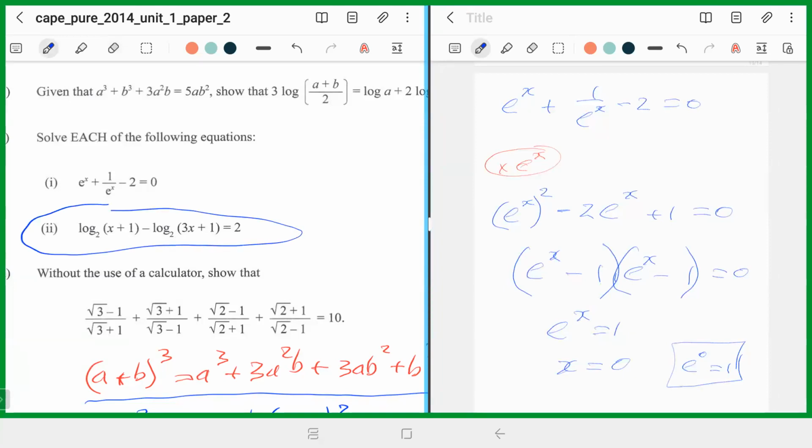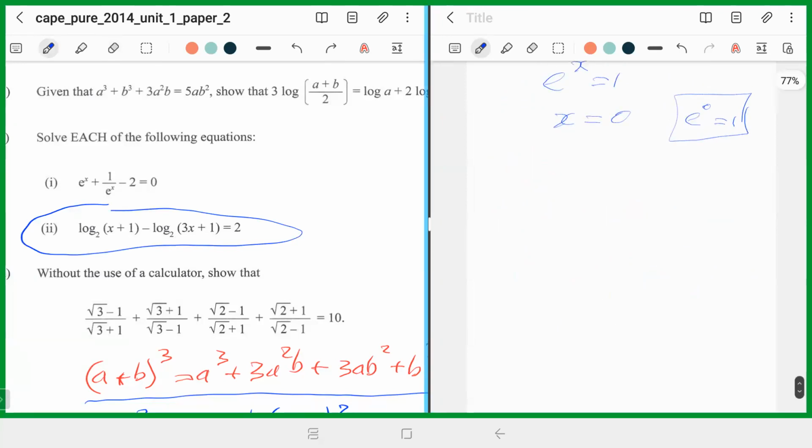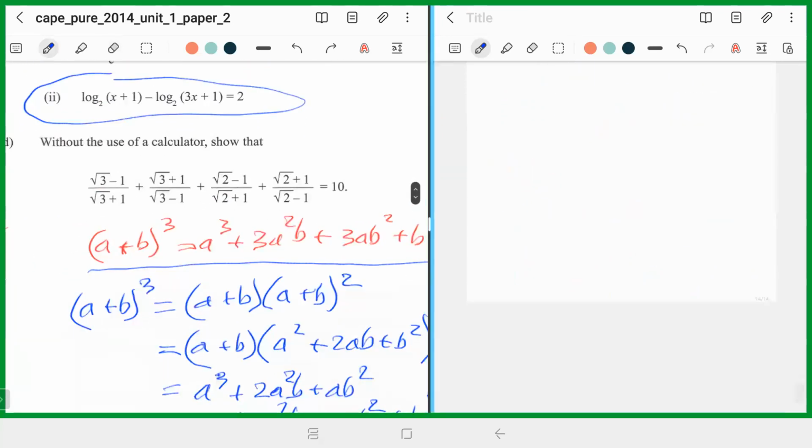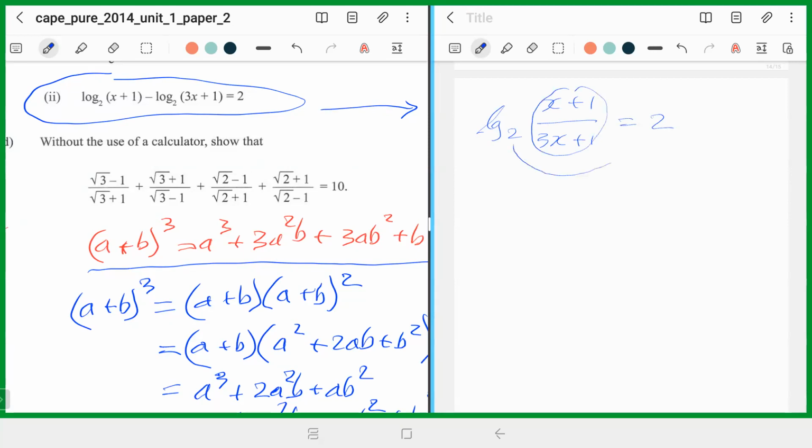This one, logs. Advanced level logs. Difference inside here, so we'll take the quotient, right? So this thing becomes log to base 2 of x plus 1 over 3x plus 1 equals 2. This number equals this base raised to that power 2.